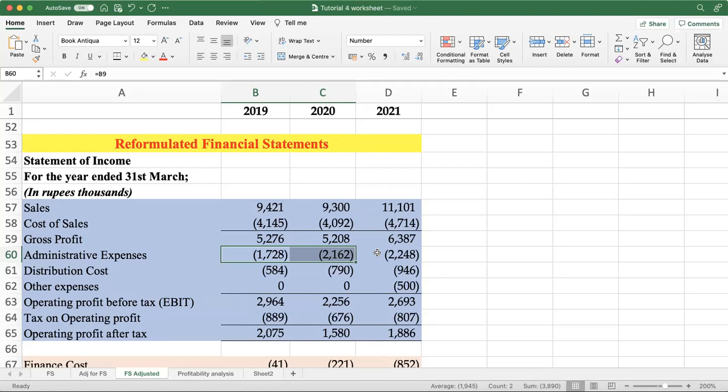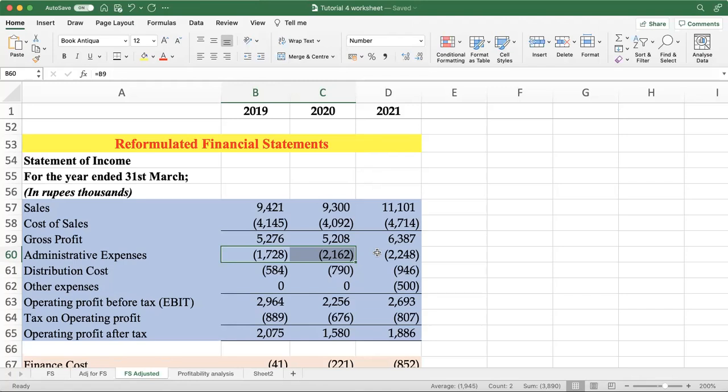What factors have caused the increase in administrative expenses? Even if you are an external analyst, you can request further information from the company's management.